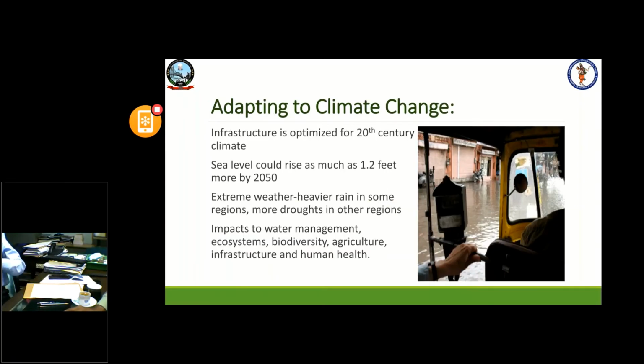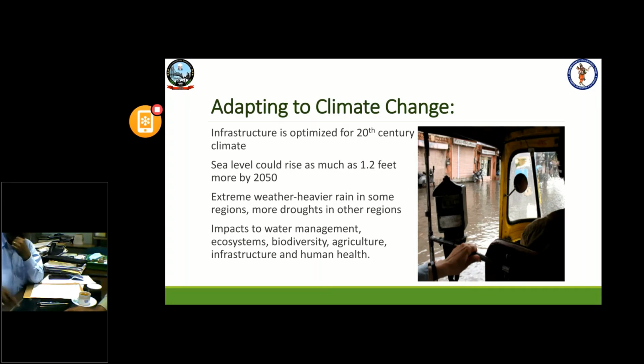But the infrastructure is optimized for the 20th century climate only. Now we are having temperatures in higher ranges in the 21st century, and the sea level could rise as much as 1.2 feet more by 2050, which will cause climate change and global warming conditions.